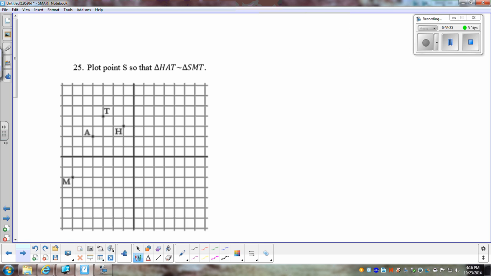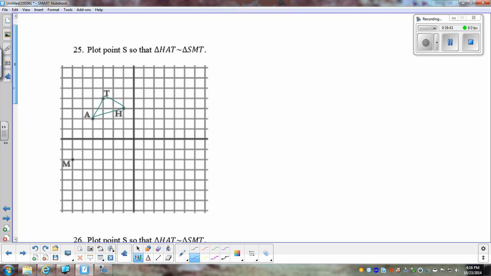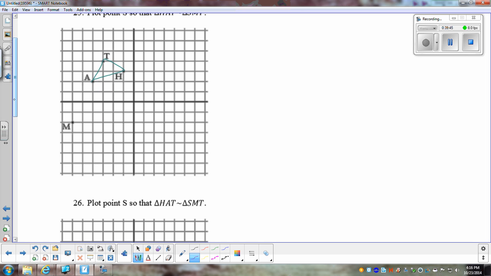Last page. I want to plot point S so that triangle HAT, which is this triangle right here, is similar to triangle SMT. Well, I need to find point S. I know it'll be over here because it has to be the same slopes.